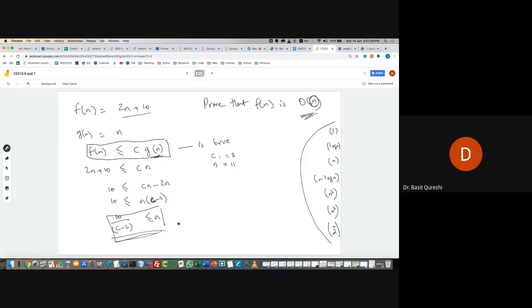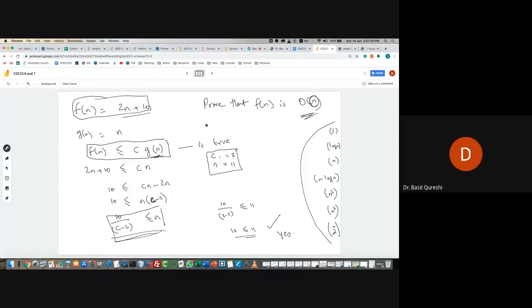If I substitute in this, I'm going to get 10 over 3 minus 2 is less than or equal to 11. If you look at it, 10 is less than or equal to 11. Does that hold? Is this true? 11 is bigger than or equal to 10. Yes. So for these values, when c is 3 and n is 11, this is true. I can say that the function f of n is big O of n.